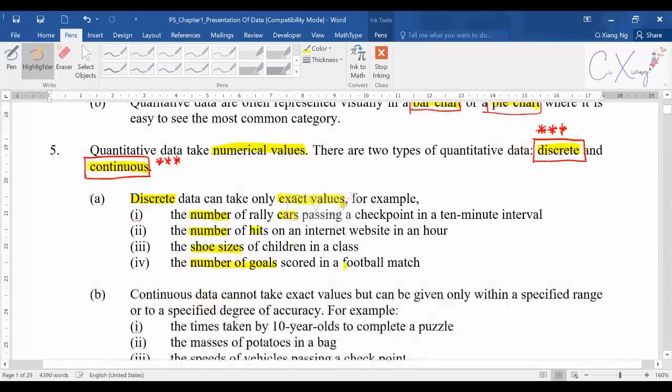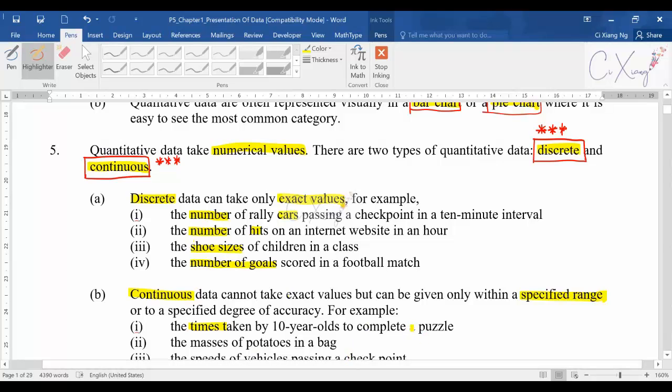Then when you look at continuous data, usually it cannot take exact values, but it can be given only within a specific range, to a specific degree of accuracy. As an example, the time taken to complete a puzzle.